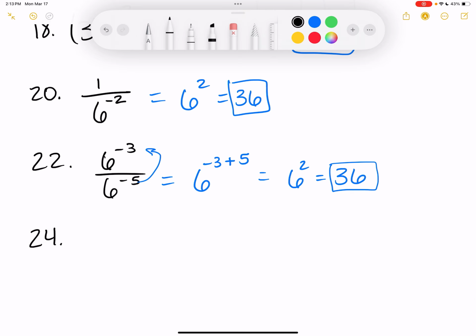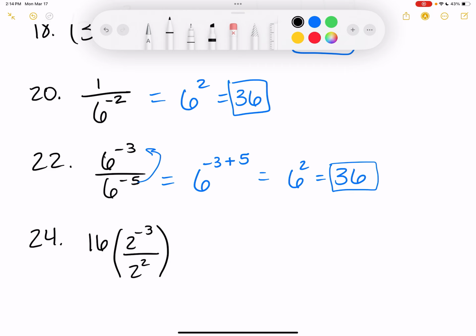Problem 24: 16 times 2 to the negative 3 over 2 squared. Guys, we do a bit of subtraction. I have a number raised to a negative exponent. What do I always do first?